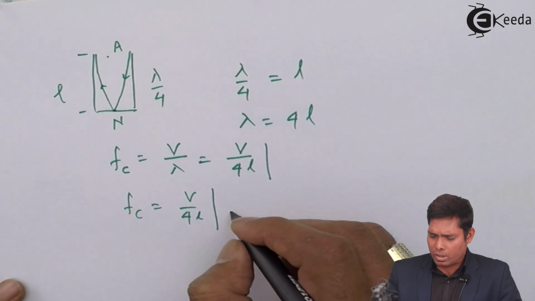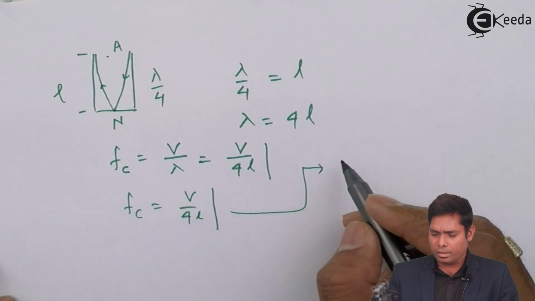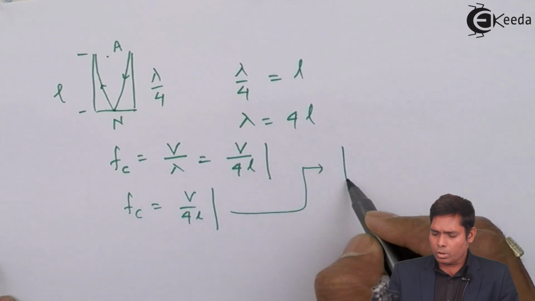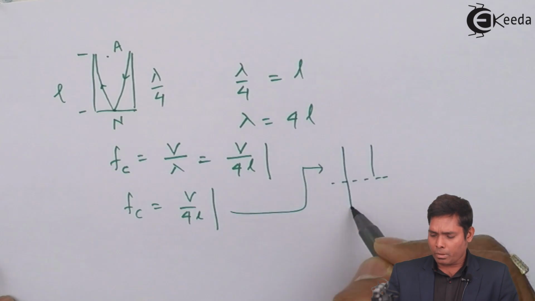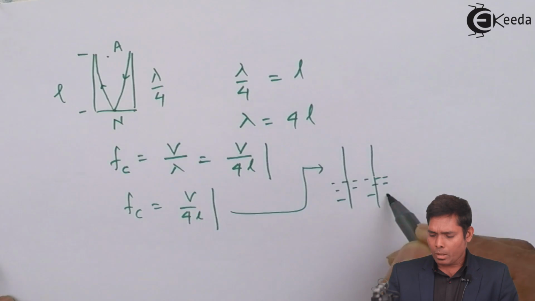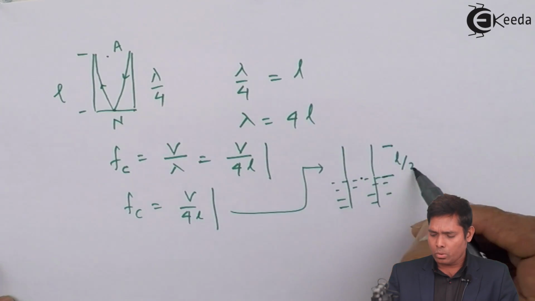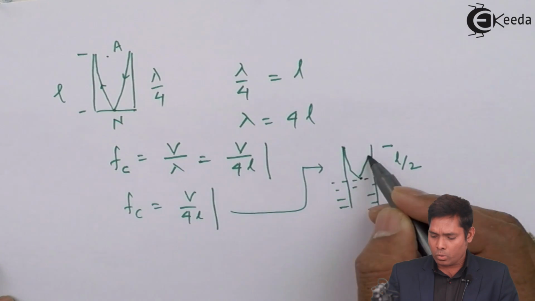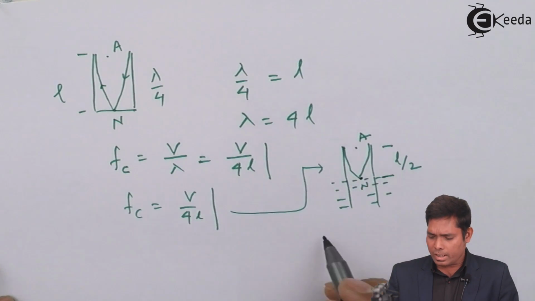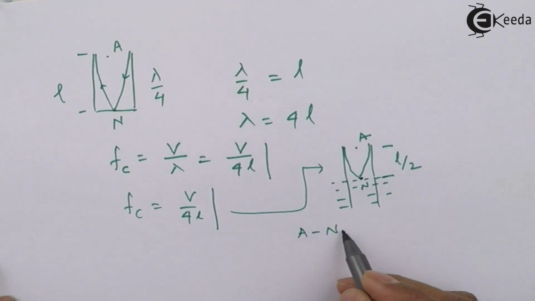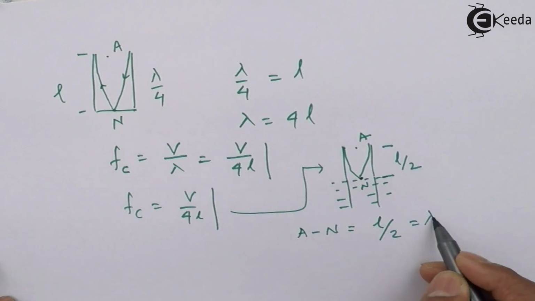Now this is a general expression, and in the given situation, the tube has been dipped half in water and half in air. So the length now is reduced to L by 2, and this is your node, and this is your antinode, and this is your node. In this case the distance between antinode and node is lambda by 4.